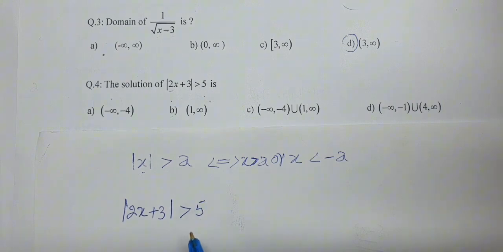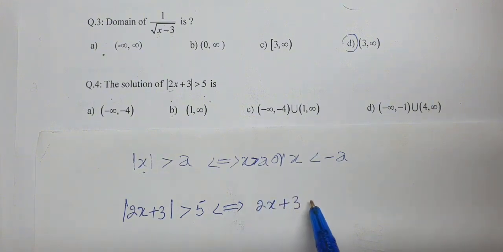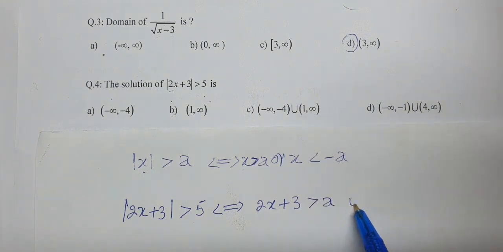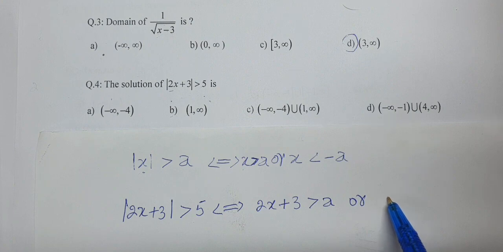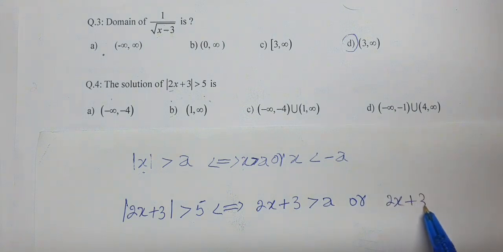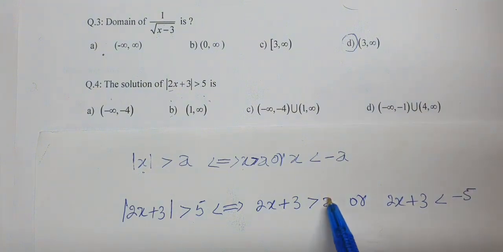A is 5 in this particular question, and if and only if 2x plus 3 is greater than 5, or 2x plus 3 is less than negative 5. Here it will also be 5.